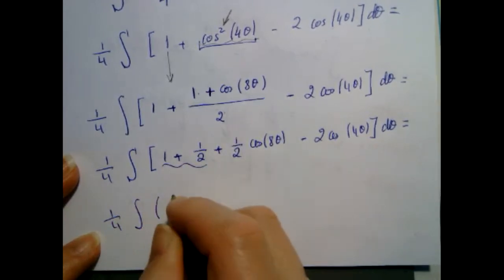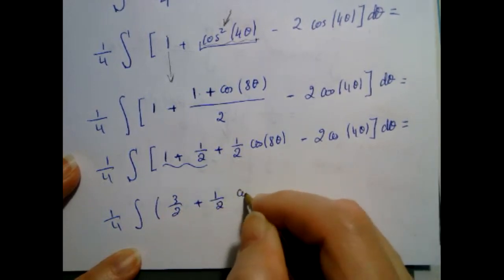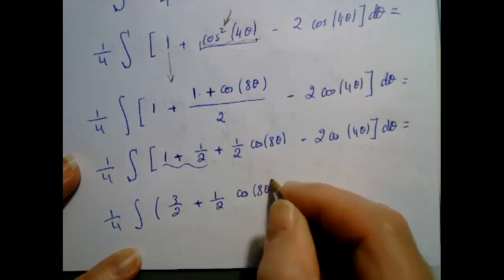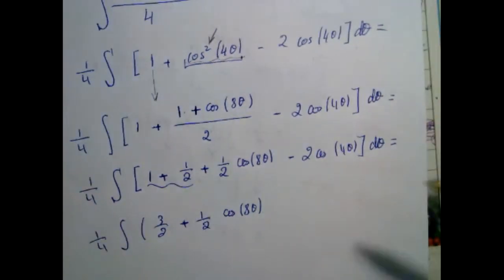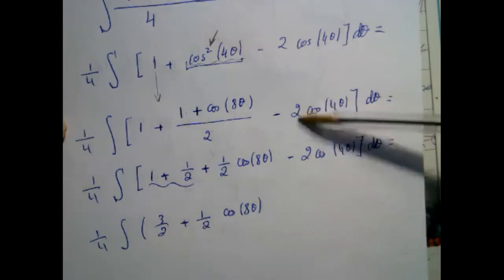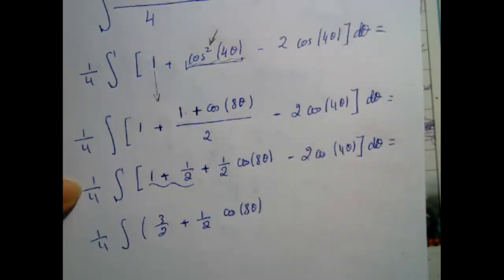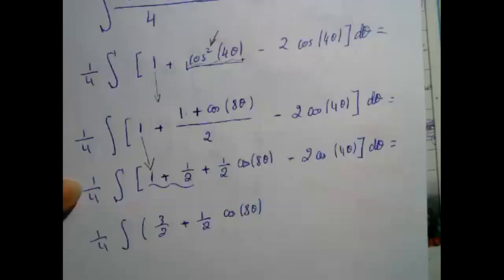So it's going to give me 1/4 the following integral: 1 plus a half, which gives me the 3/2. I have a question. How did you get the two 1/2s? I thought you can only take out 1/2 from 1 plus cosine 8 theta over 2.